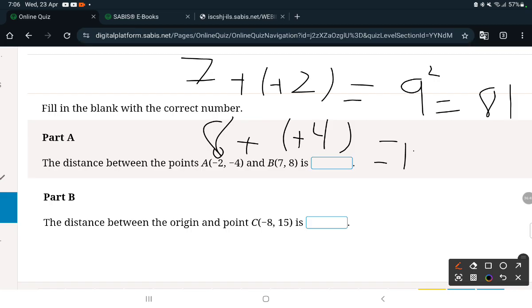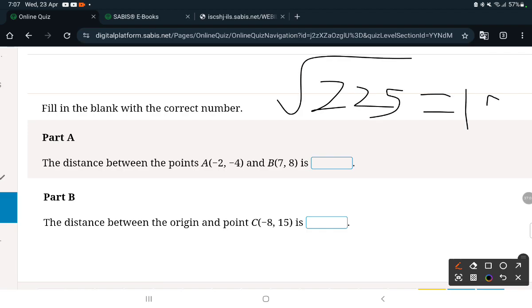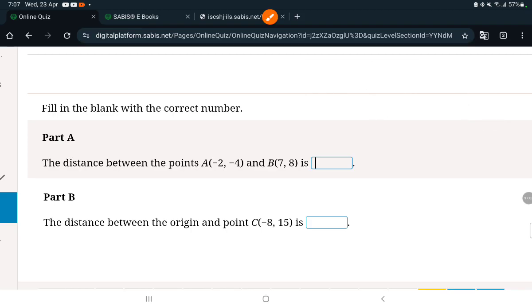That's going to be 12. Squared, it's going to be 144. So I have 144 plus 81. That's going to be 225. So radical 225, which is just going to be 15. So the distance between the points A and B is 15.